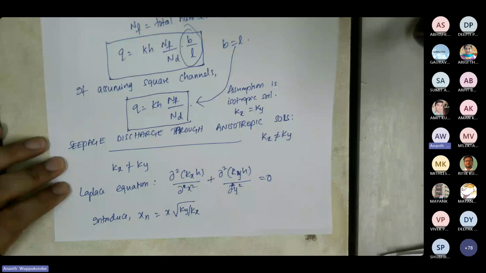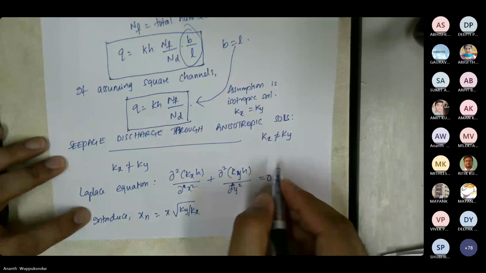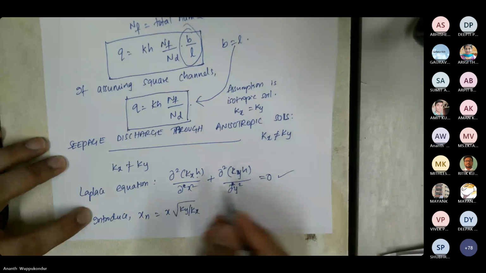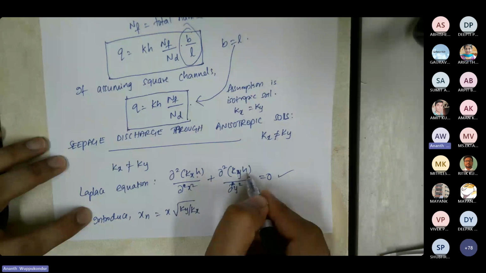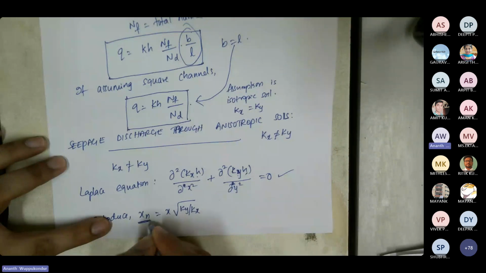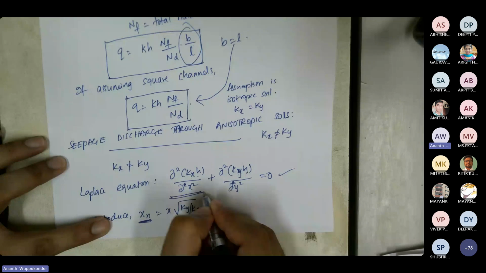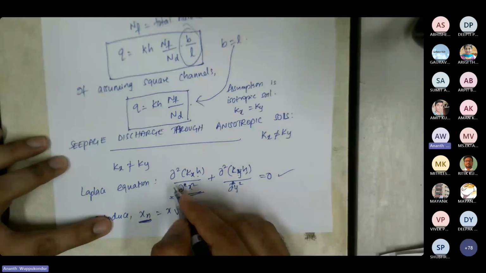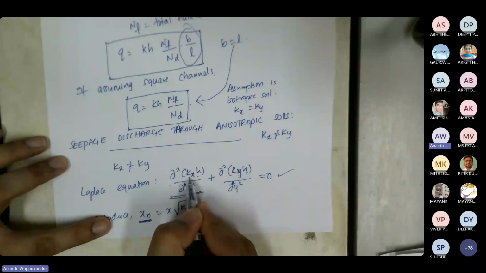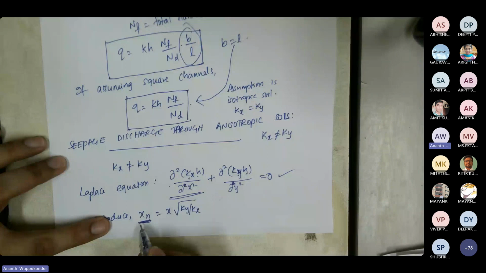This is our Laplace equation that we derived earlier, and in it we have Kx h and Ky h. I'm going to introduce a new term xn, because I want to eliminate Kx and Ky in this equation. To do so, I introduce xn, which is x multiplied by the square root of Ky by Kx.